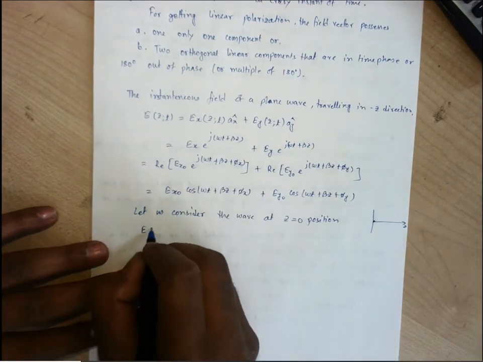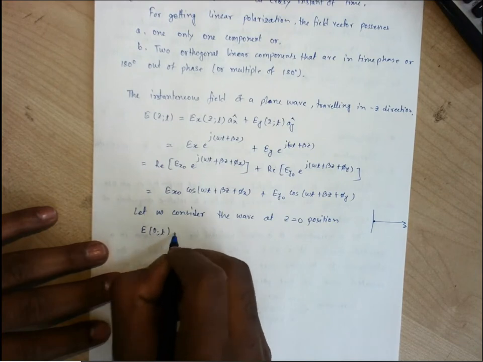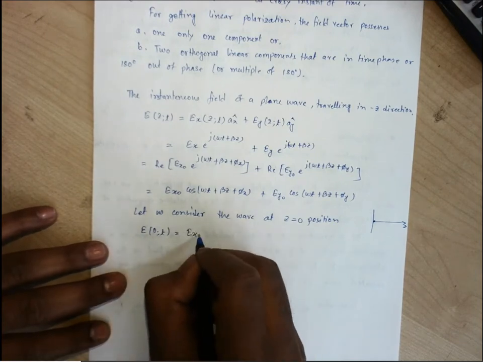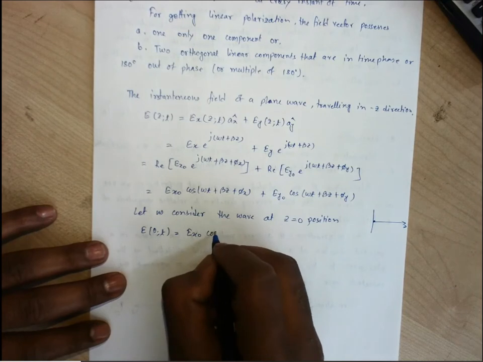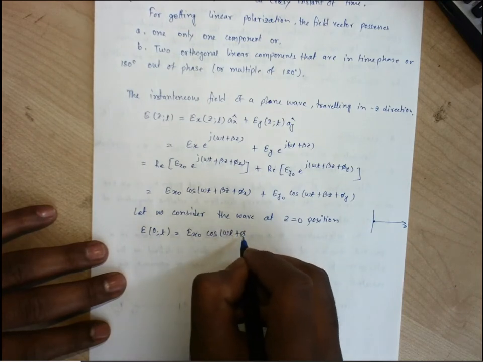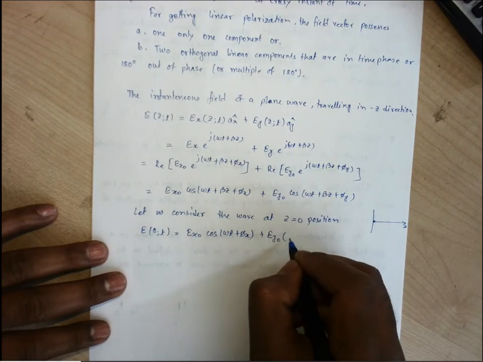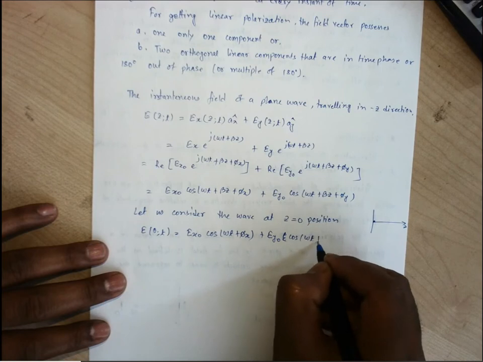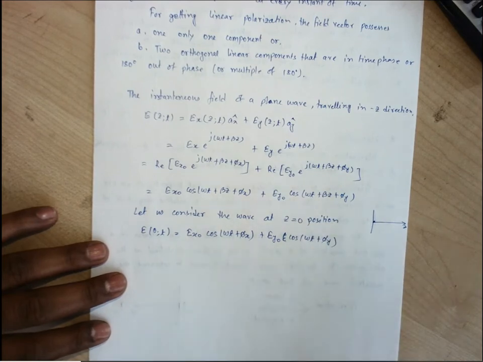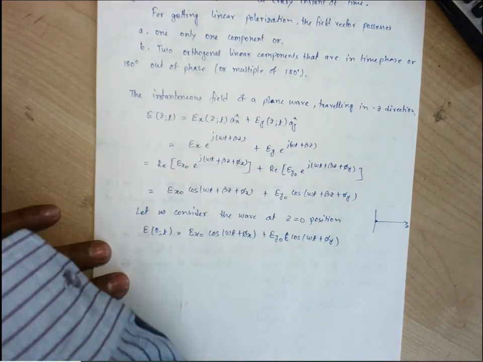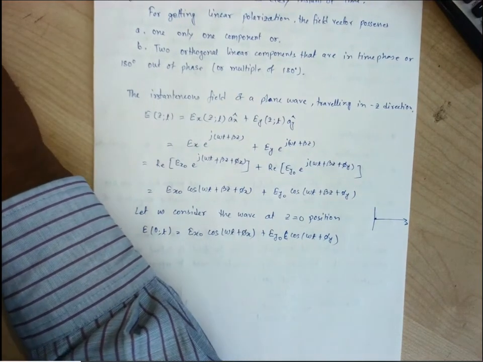So E(0,t) is Ex0 cos(omega t plus phi x) and Ey0 cos(omega t plus phi y). So this is the simplified form of the instantaneous field of the plane wave.